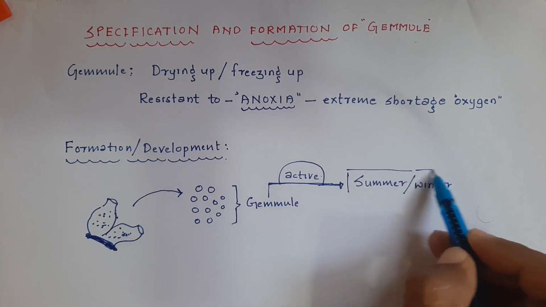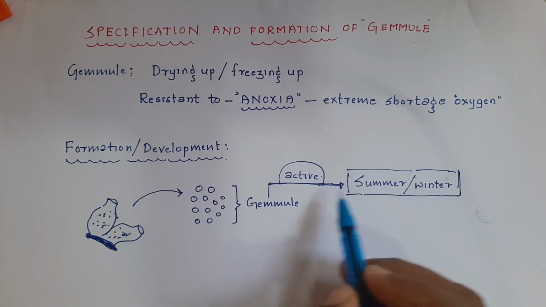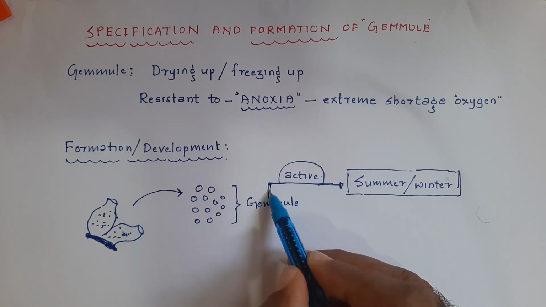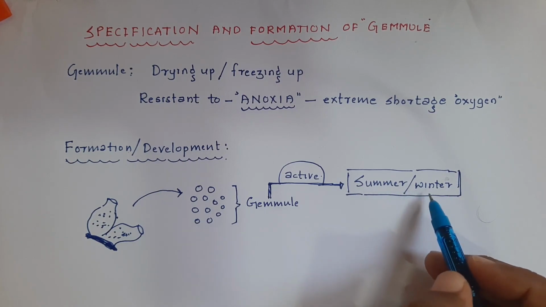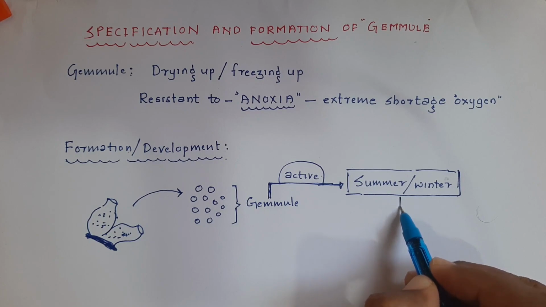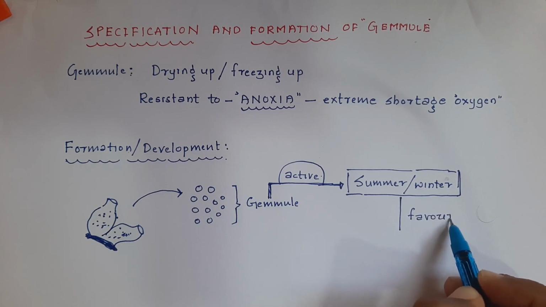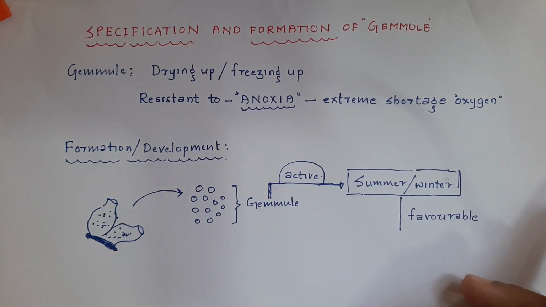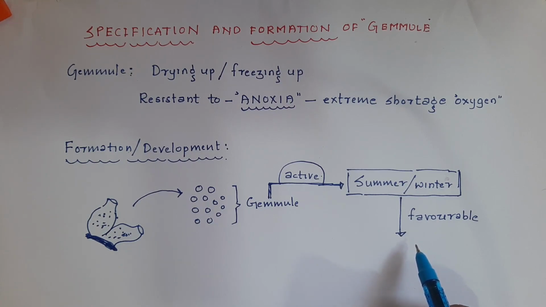If the conditions during summer and winter are drastic, the gemmules can still survive and withstand these seasons. Then, when the conditions are favorable, when there is an adequate and abundant amount of water, what happens?